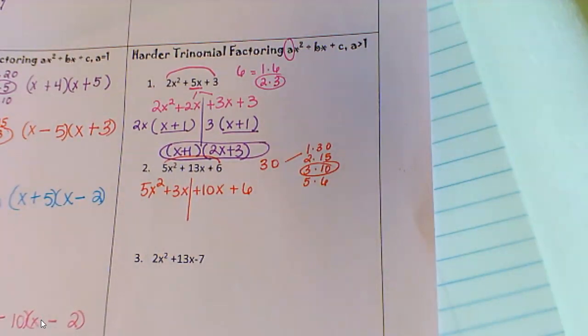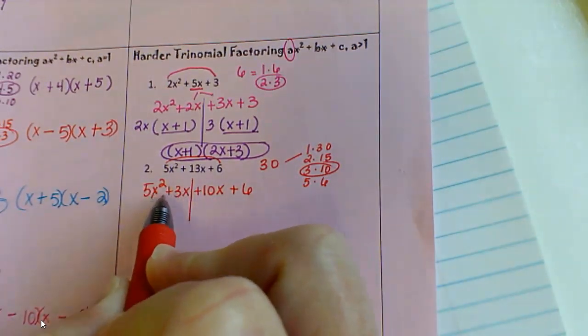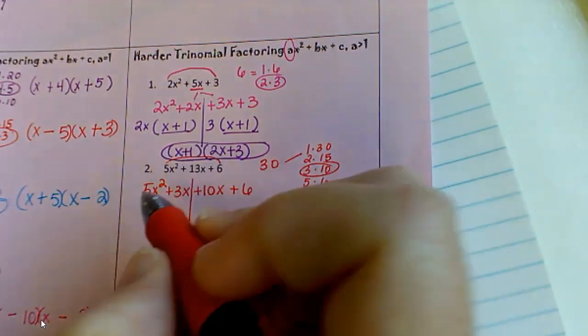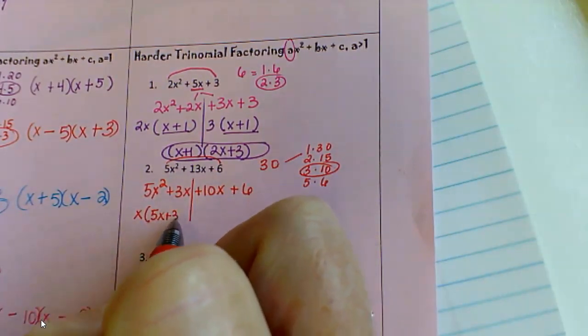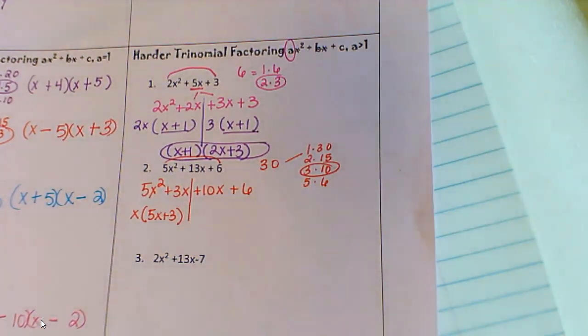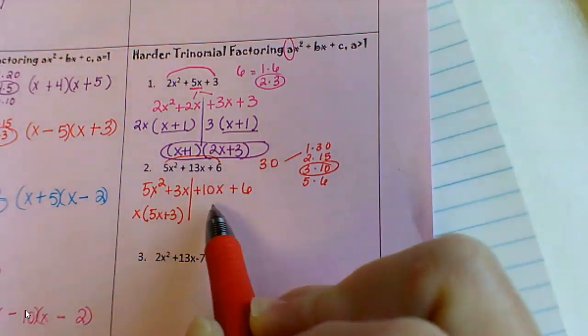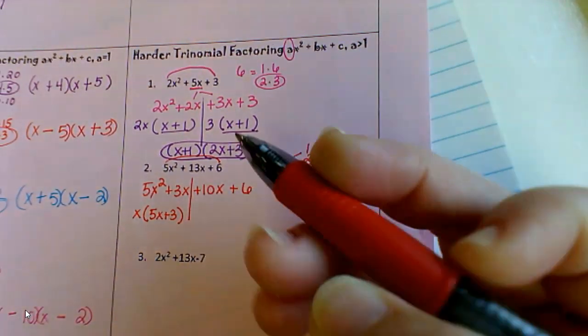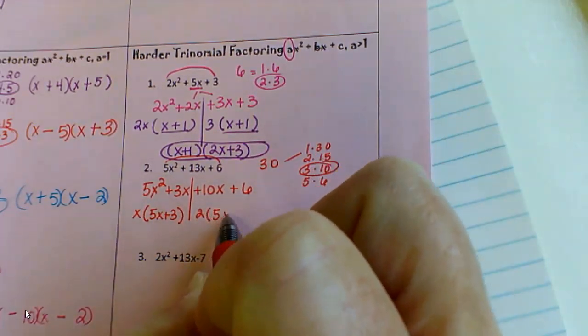What would be the greatest common factor on that first part? Just a 1, and then also an x, because I have an x in common. So 1x, and I'm left with 5x plus 3. And I find the greatest common factor between the 10x and the 6, which would be 2. And when I divide them both by 2, I get 5x plus 3.